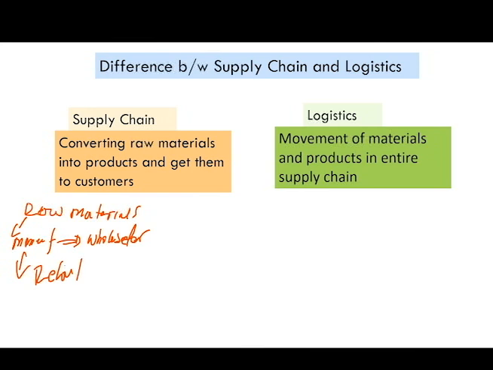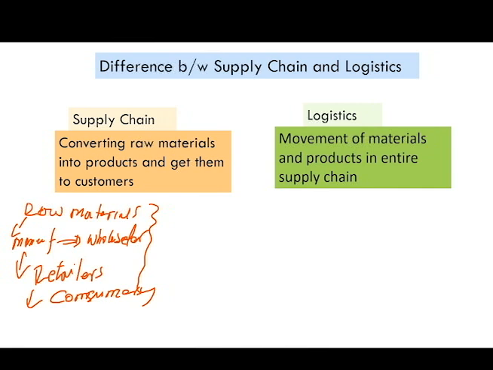Retailer to consumer. Consumers. See, the whole channel, the whole system is what we call supply chain, from converting raw materials into products and getting them to the customers.